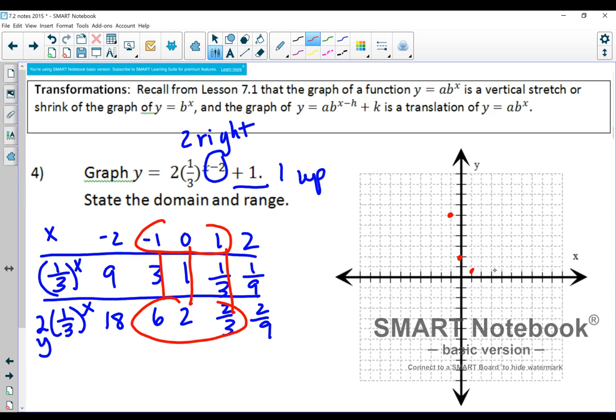So they're all going to go 2 units to the right and 1 unit up. And because I have moved my graph 1 unit up, now my asymptote will be at y equals 1. And so the graph should look like this.